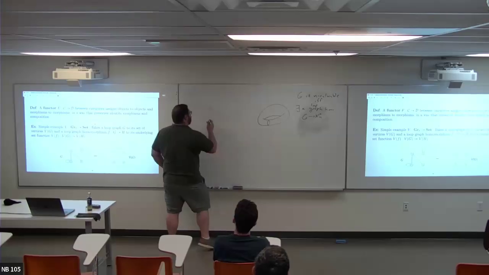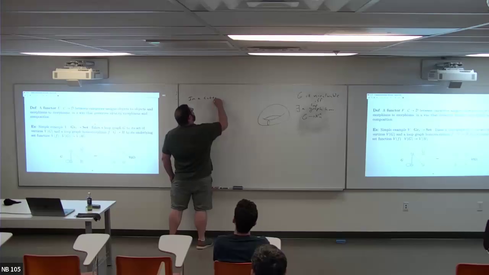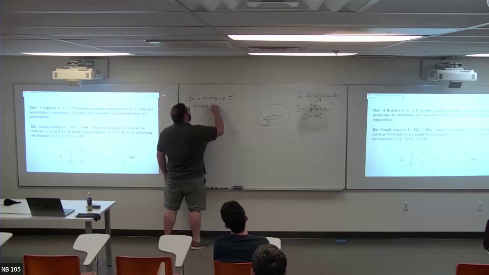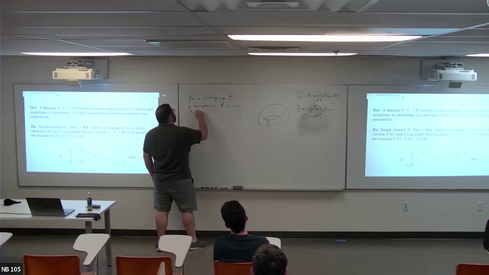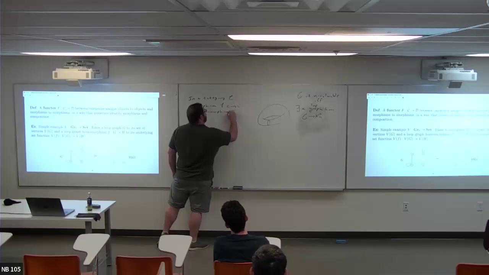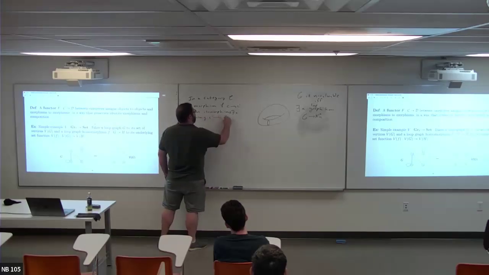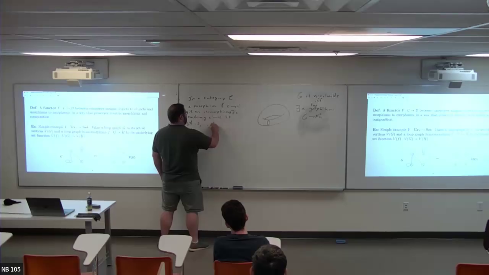So for me, the definition of an isomorphism is: in a category C, a morphism F from C to C prime is an isomorphism if there exists another morphism G from C prime to C such that when I compose them, I get the identity both ways.